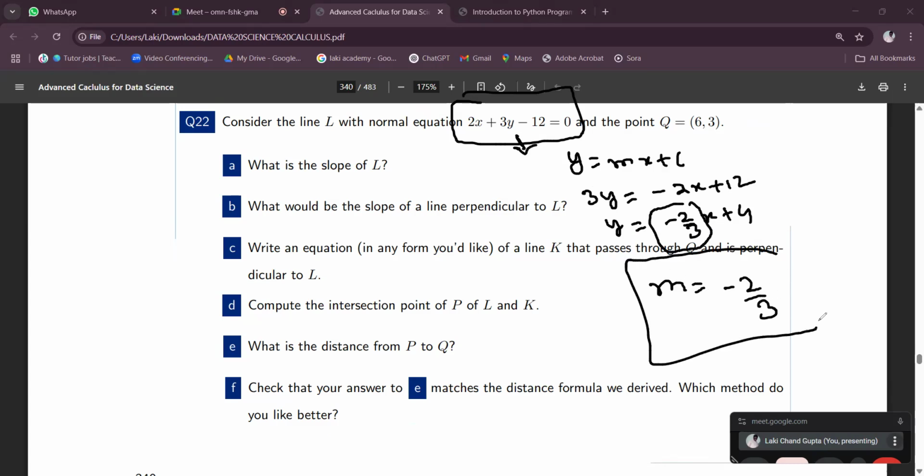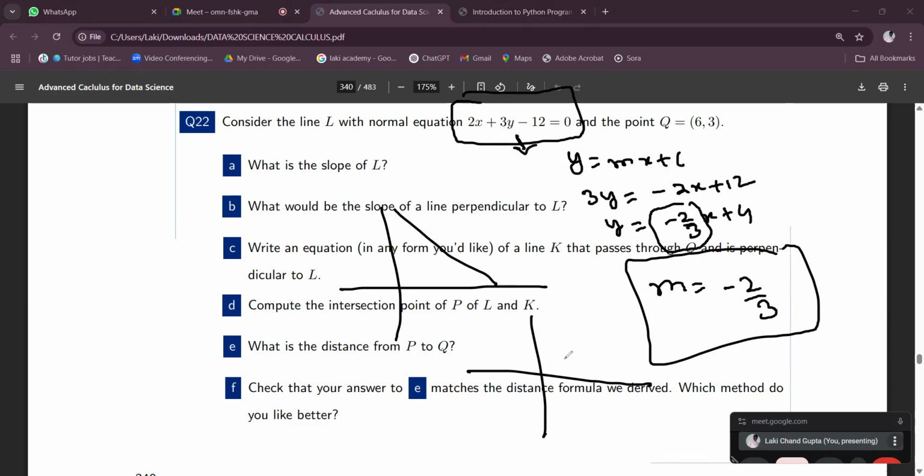Slope is negative. It means that your line will look like this. If slope is positive, then line looks like this, right? If slope is zero, this is parallel to x-axis, right?